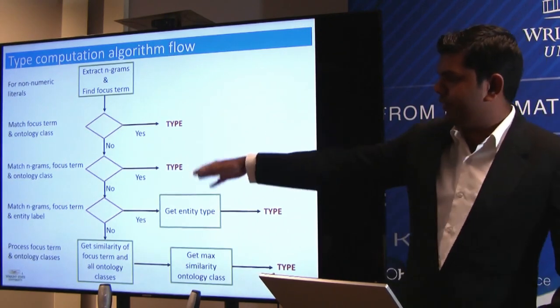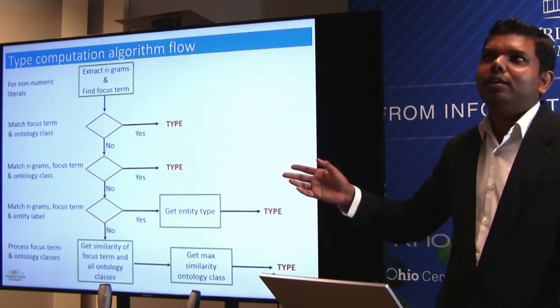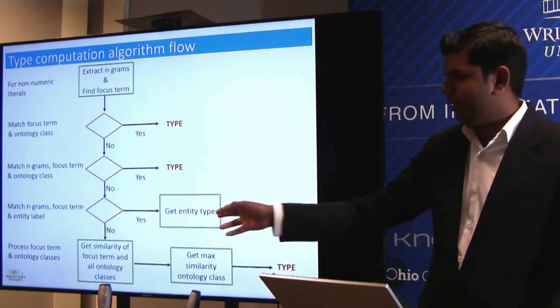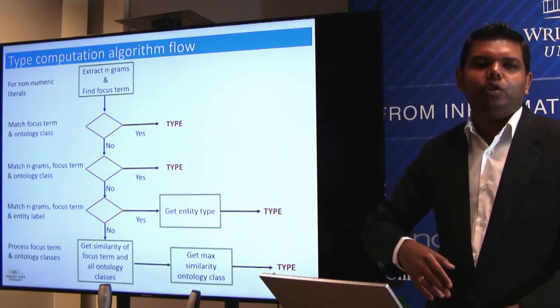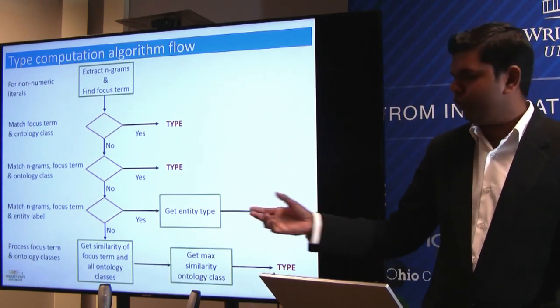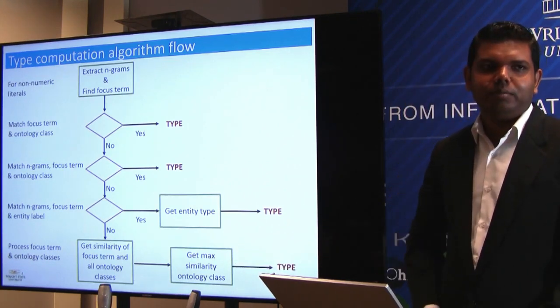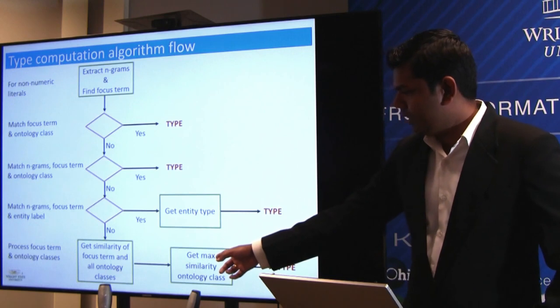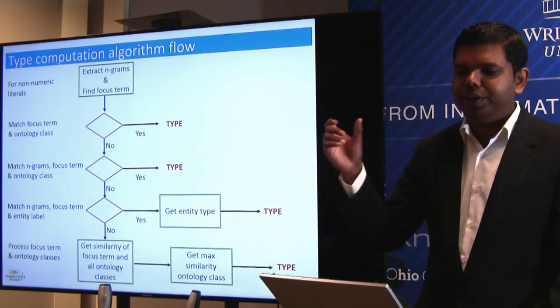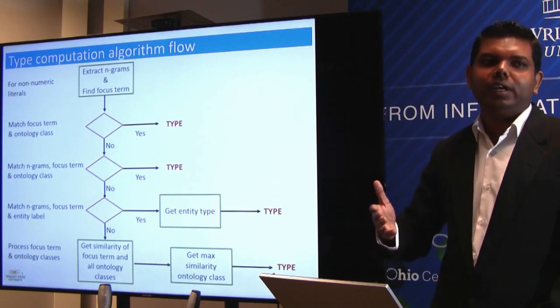So the first three checks are more semantically efficient, I could say. For the last one, we don't have another way of clearly saying. So sometimes it could match to a not-so-correct type, because we use the semantic similarity between the focus term we identified and all the ontology classes.